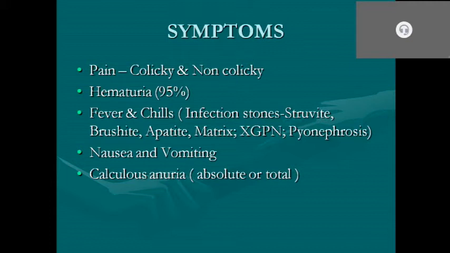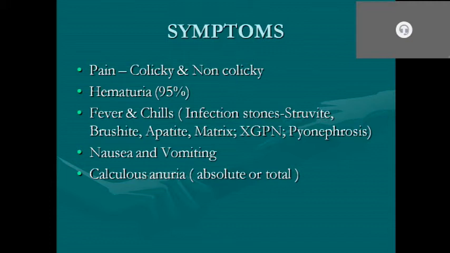So pain can be colicky or it can be non-colicky. It can be a dull aching pain, especially in large or small renal stones, when it is felt at the renal angle or costovertebral angle. And it can be colicky pain when it is obstructing.